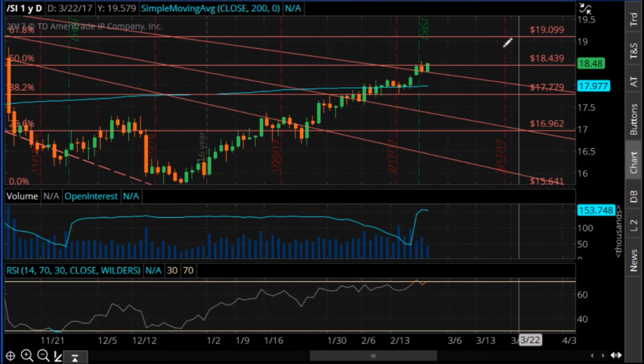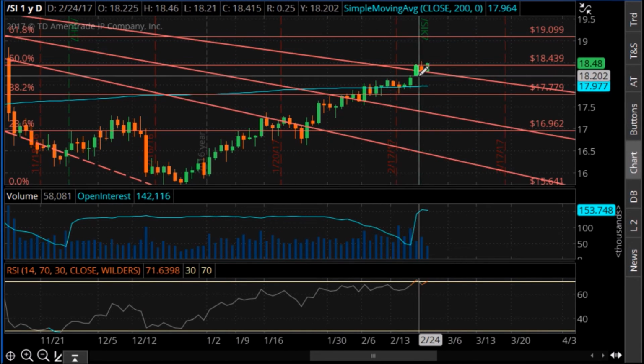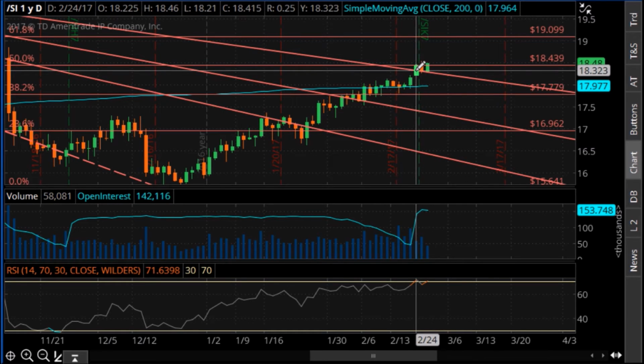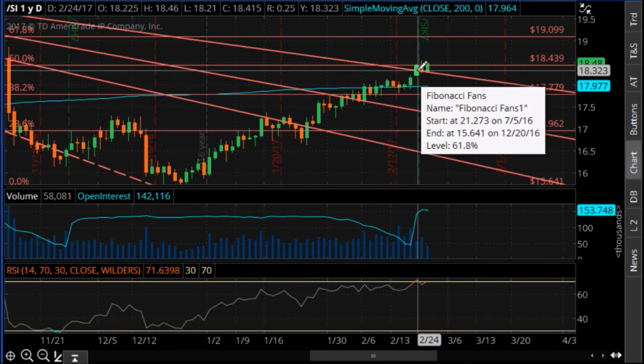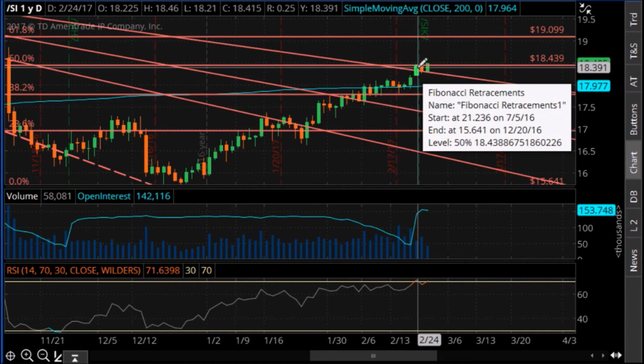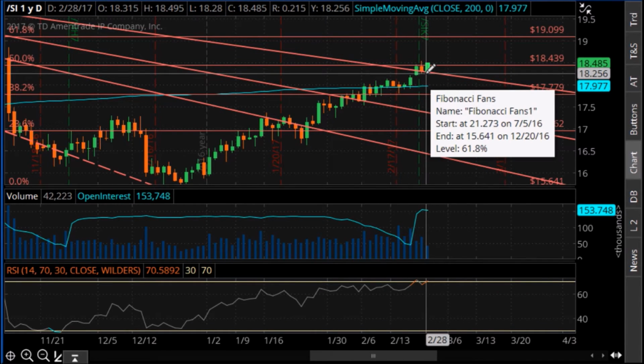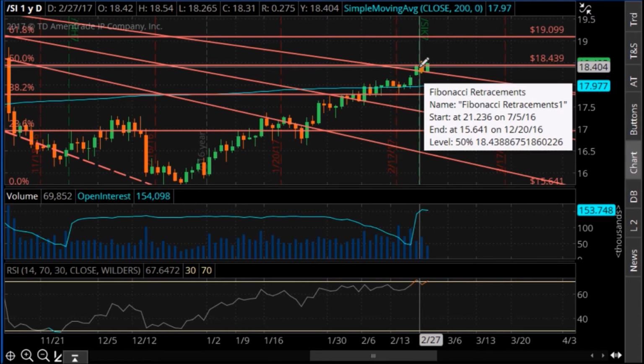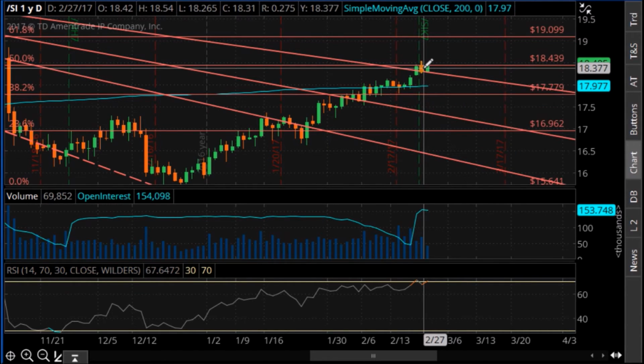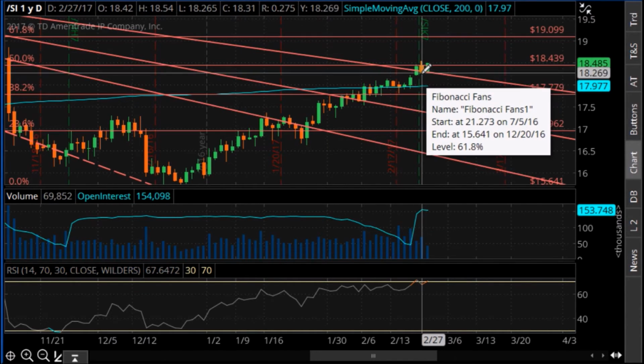What you see here is that on the 24th of February the market made a new high of 1846, crossing this resistance trend line, targeting the 50% Fibonacci retracement, accomplishing that target, and coming back down on the 27th to test this level that now is support.